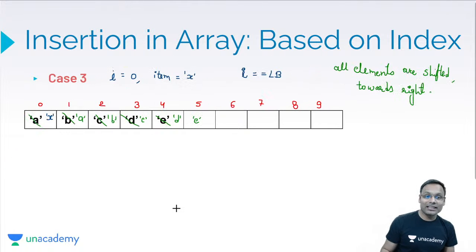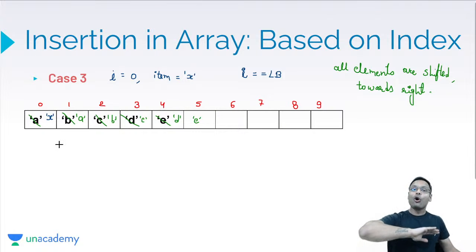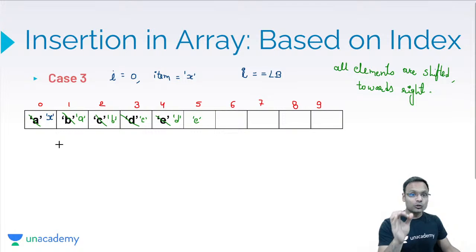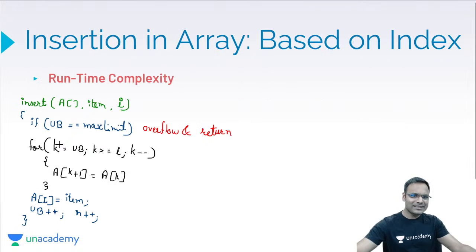Case number 3 is the worst case, when I will have to shift all n elements. In that case, the loop runs n times. So what should be the complexity? The runtime complexity I will write is big O of n.